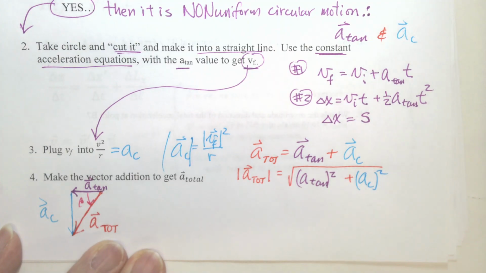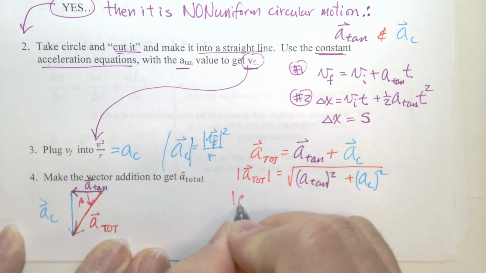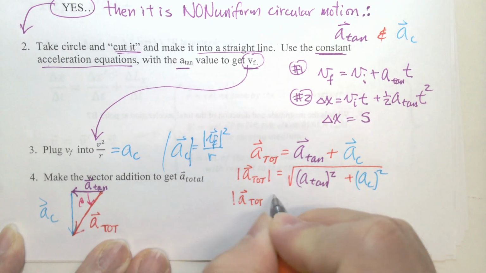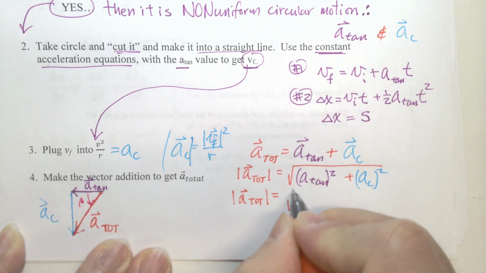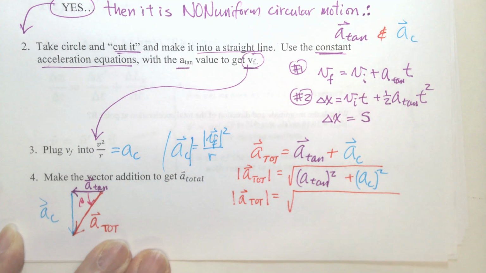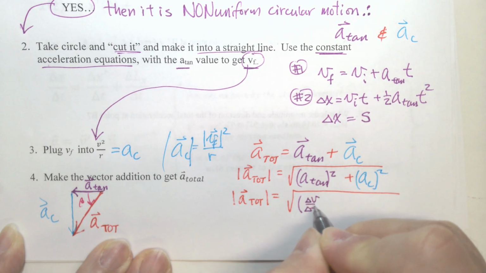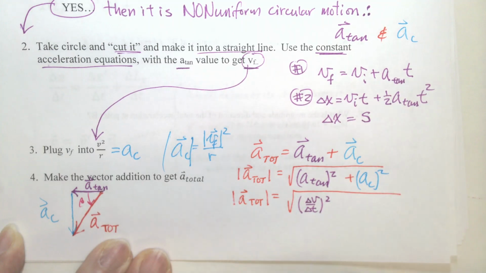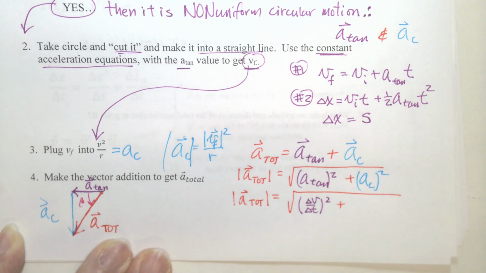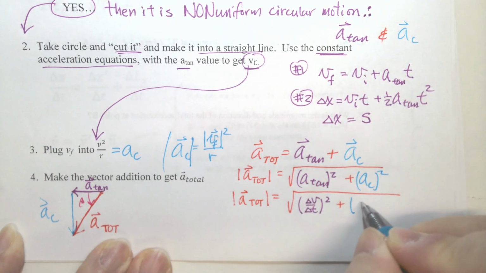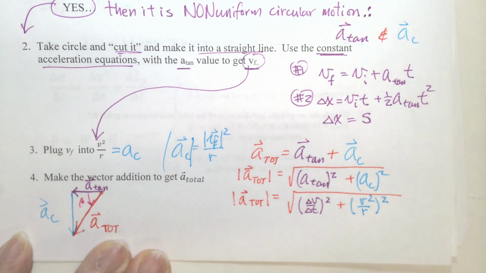Or, if you're not even sure about that, you can say that is the same thing as the square root of delta v over delta t, squared, plus v squared over r, quantity squared.